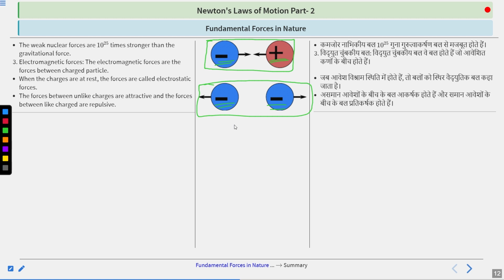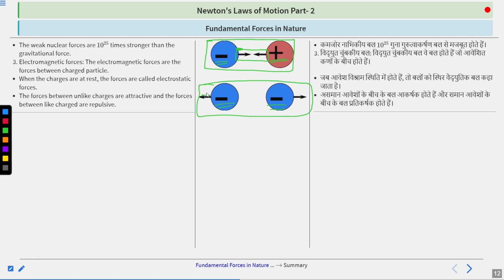How does it work? Here one particle has a negative charge, one particle has a positive charge. The arrows are towards each other, so this is the force of attraction. If you look at this picture, this is negative, this is also negative.